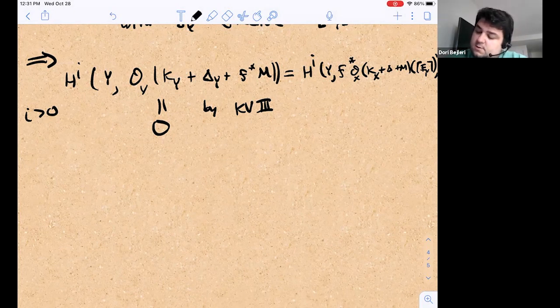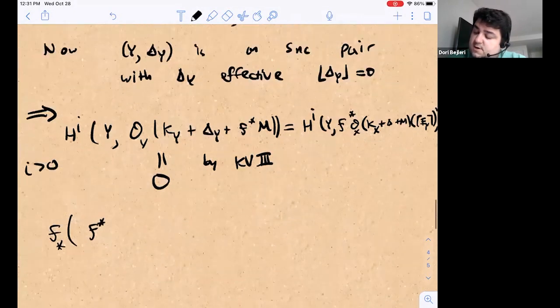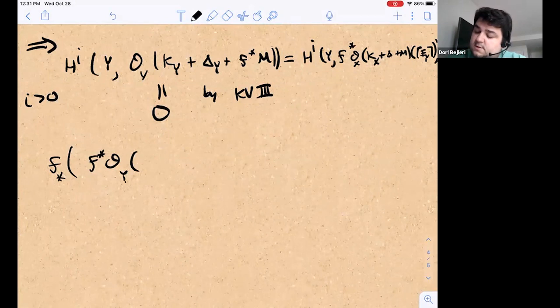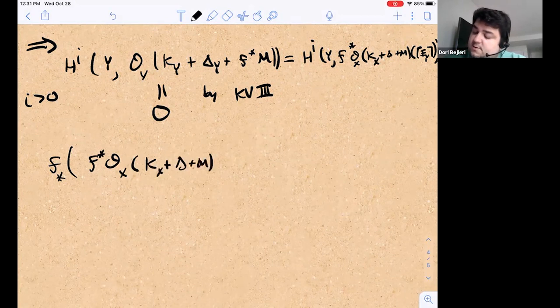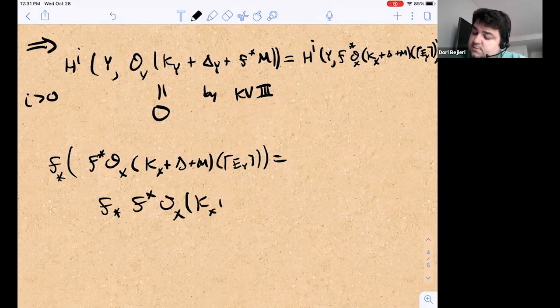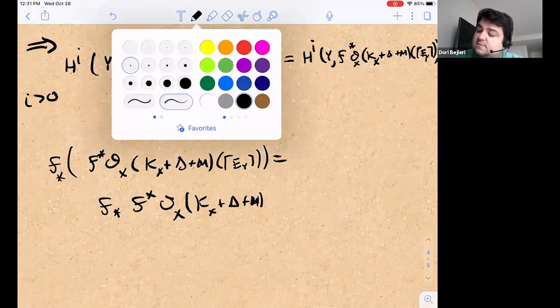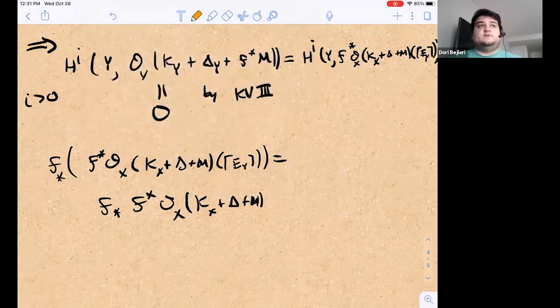So the key point is that f lower star of f upper star O_X of K_X plus delta plus M twisted by this round up is the same as just the push forward of the pullback of O_X of K_X plus delta plus M, by the same argument as in the proof that when you have canonical singularities, the push forward of omega_Y is omega_X.